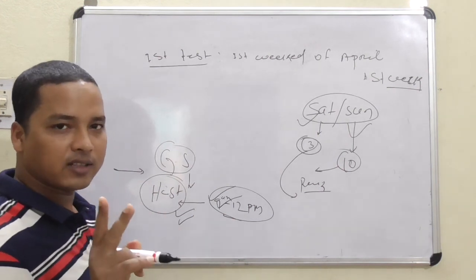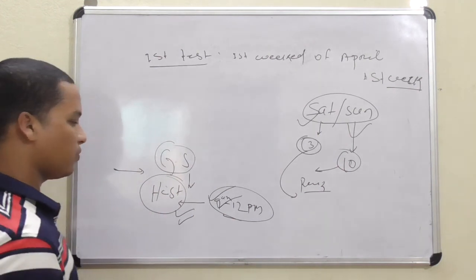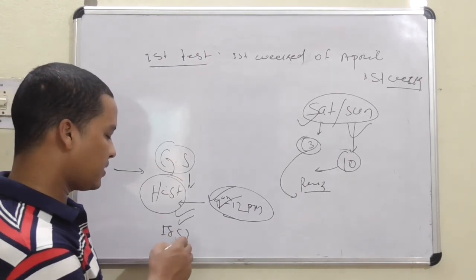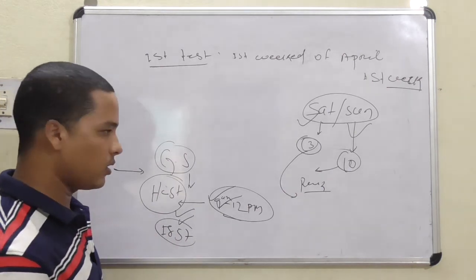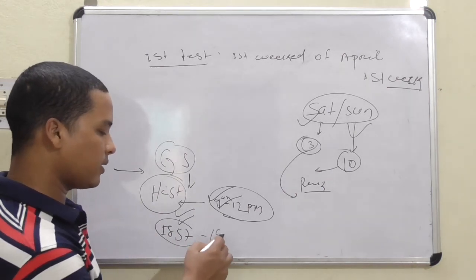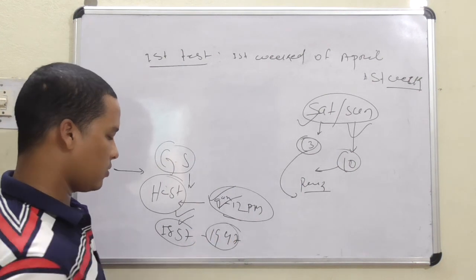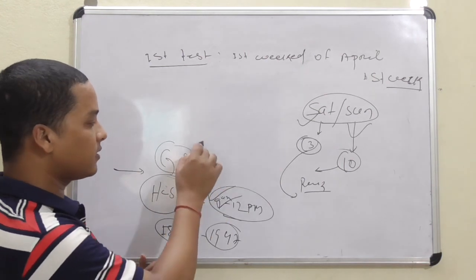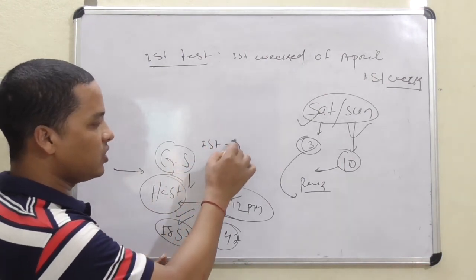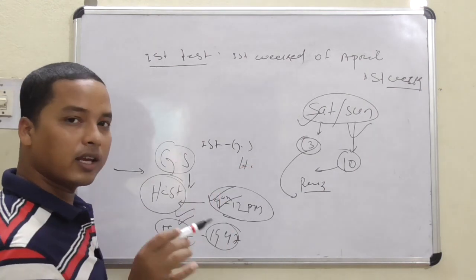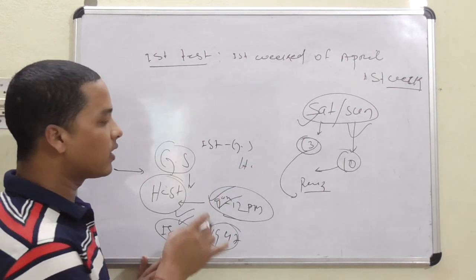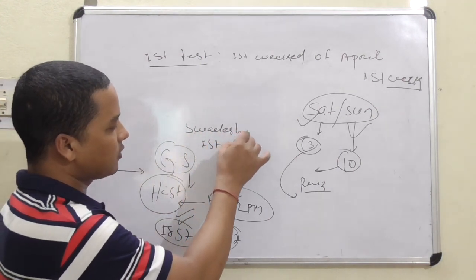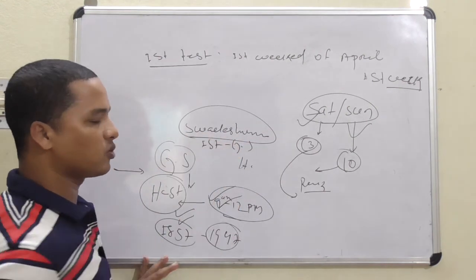In history we will take 2 tests. So first we will take history, from 1857, as your syllabus says, up to 1947. But in this very first test, GS history, we will cover up to the Swadeshi movement.